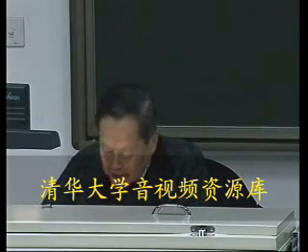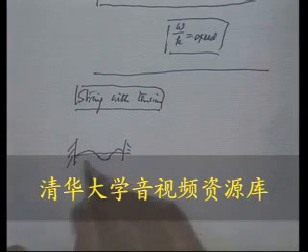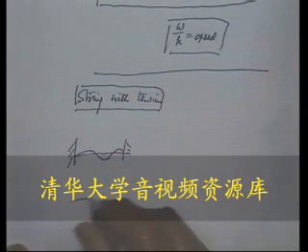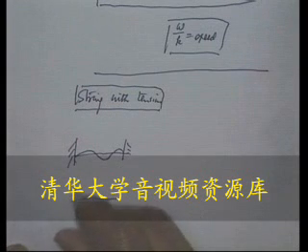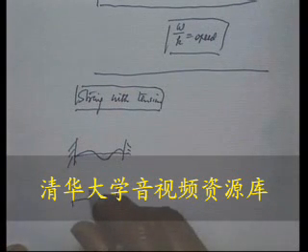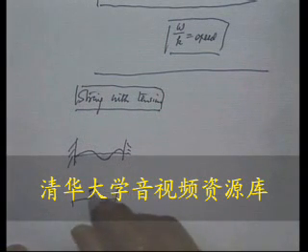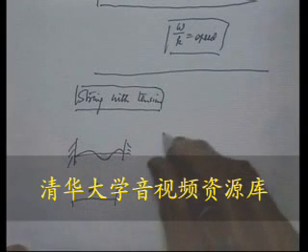So we are going to analyze this problem, and we look at one particular segment. This is the string, this is the original position, and now we look at a segment of it. The string has a tension, which is tau.